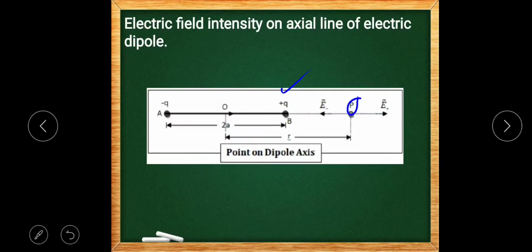So you have to consider the distance between them, that is BP square, according to the expression of electric field intensity. So BP square equal to r minus a whole square.